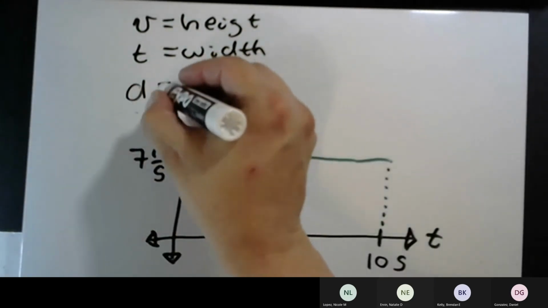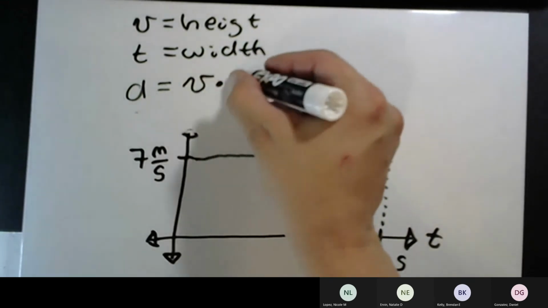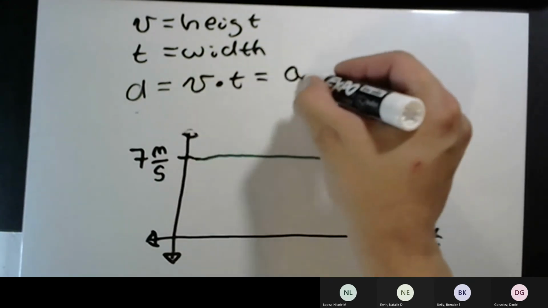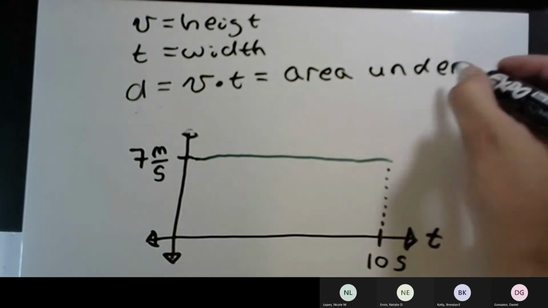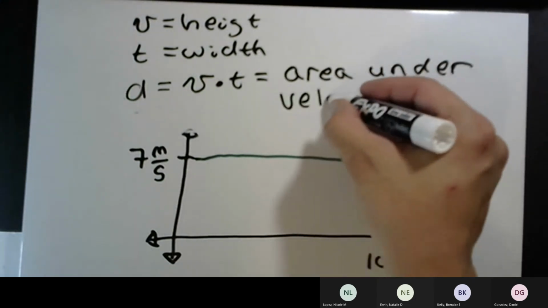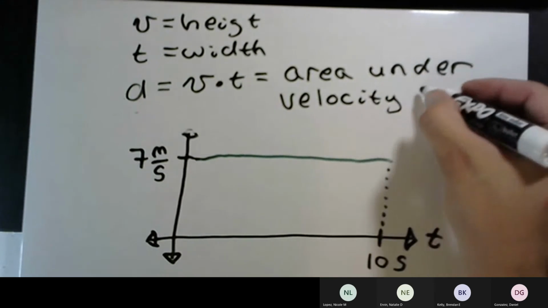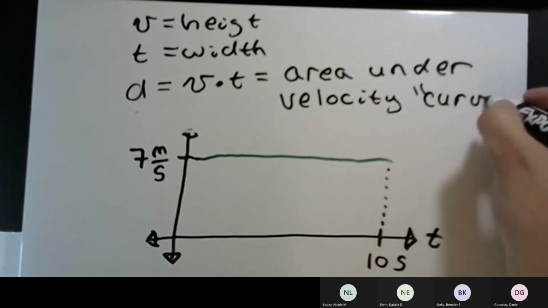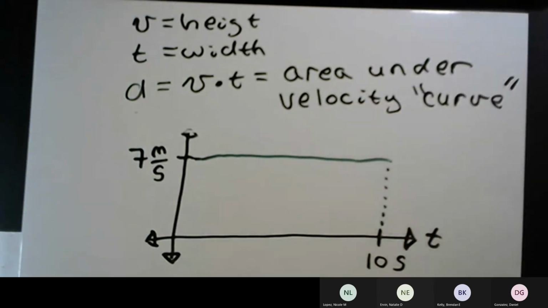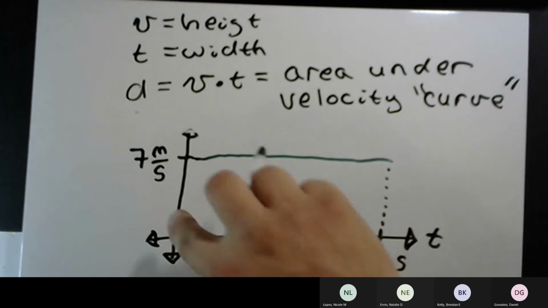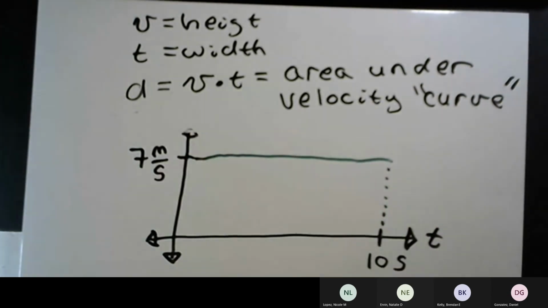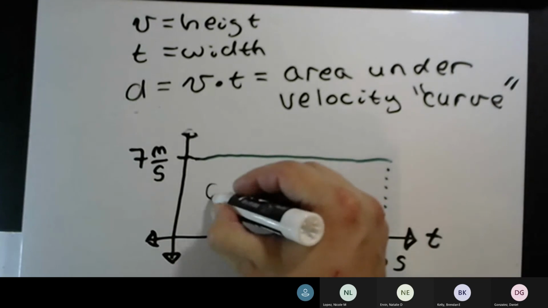So the distance, which is velocity times time, is the area under the velocity. And I'm going to call it a curve. It's a pretty plain curve. It's just a horizontal line, but what we're going to get, the area 10 by 7, that means 10 times 7.